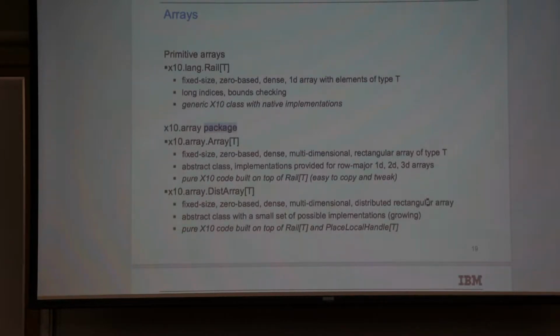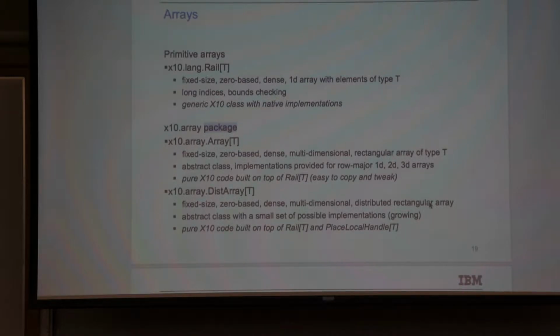Those are called rails, and rails have a dense index set, so it goes from 0 to n-1. And it distinguishes that from X10 arrays, which you have to explicitly import through the X10.array package. These arrays are also, in X10, fixed size data structures, maybe multi-dimensional.